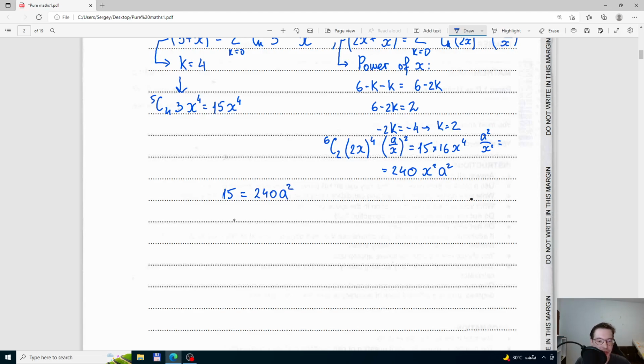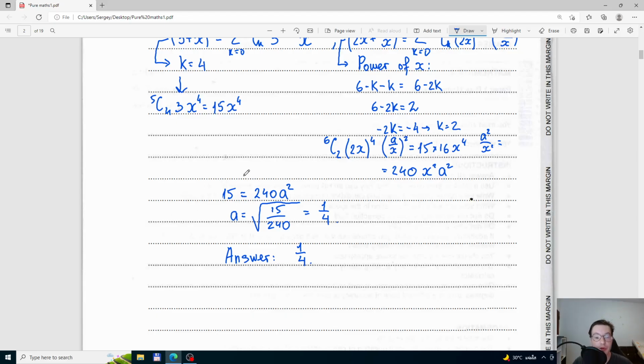And now we can solve this equation to find a, which is a equals the square root of 15 over 240, which gives us 1 over 4. And this is going to be my final answer for the first question. 1 over 4.